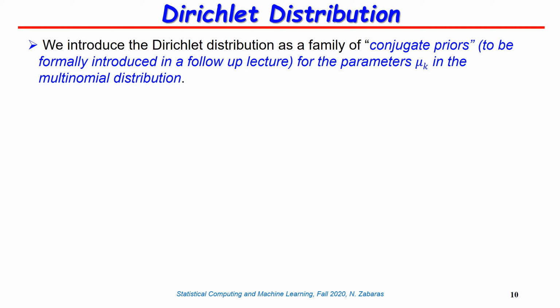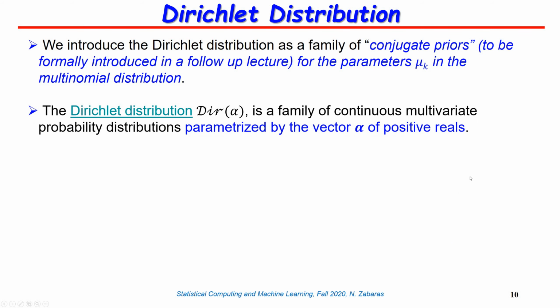Remember, the PDF of the multinomial distribution was proportional to mu1 to the power m1, mu2 to the power m2, and so on. The Dirichlet distribution is what is called a conjugate prior; it has a very similar form to the multinomial distribution, and it looks like this.